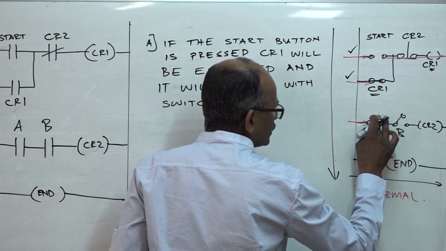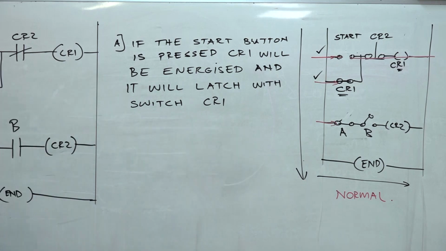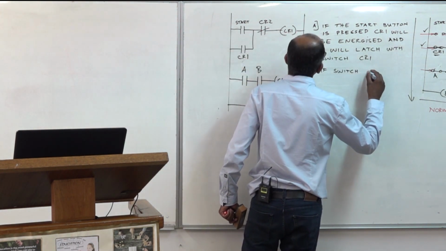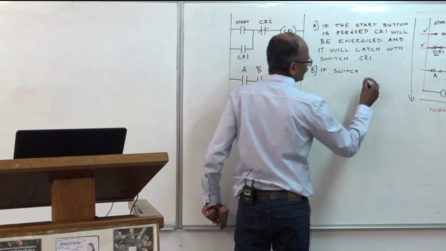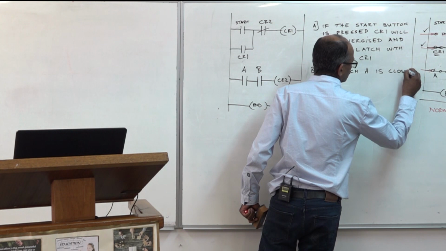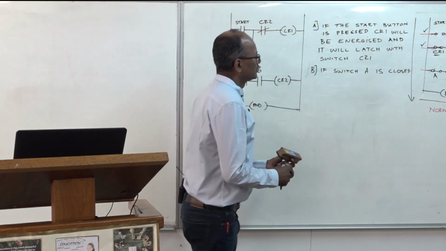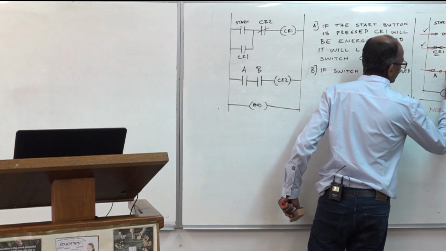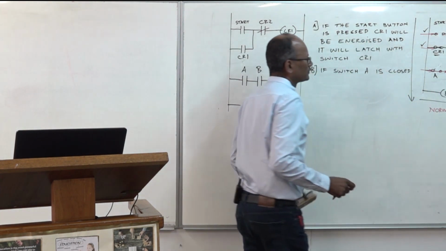What would happen if I close switch A? All right, so if switch A is closed, let's look at it. Okay, current will flow through switch A, yes, but it'll stop here.